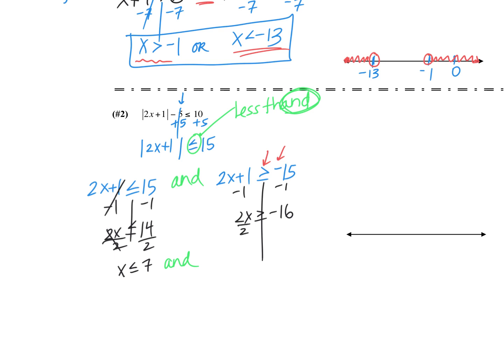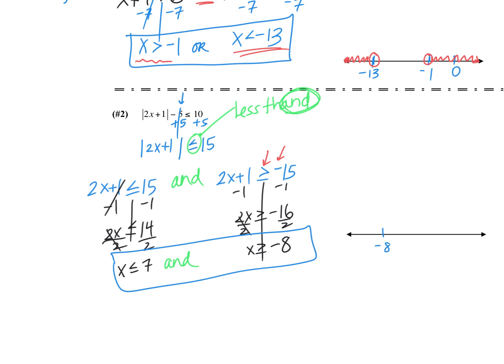When I divide both sides by 2, x is greater than or equal to -8. Good. So that is my solution, and now I'm going to graph that. And again, I could write this if I wanted to as a sandwich, right? I could put those two things together, and I'll do that after we graph, just to kind of show you, okay? So the numbers I have to have on my number line are going to be -8 and +7.